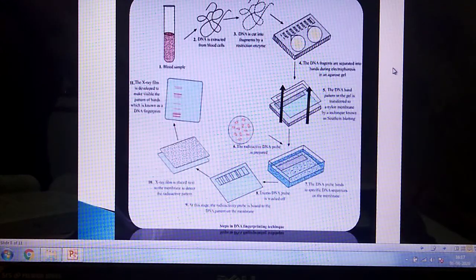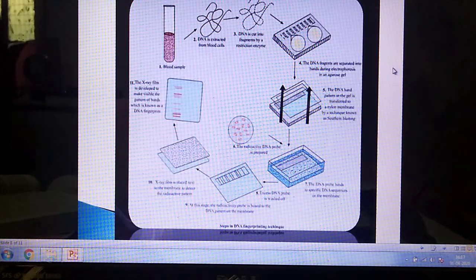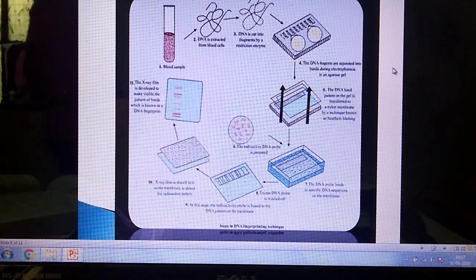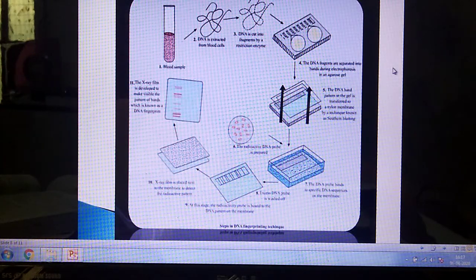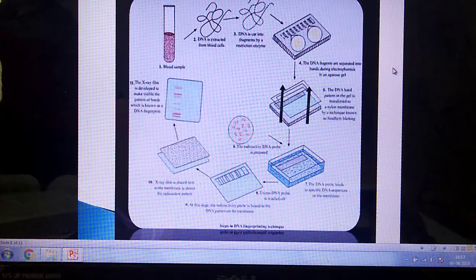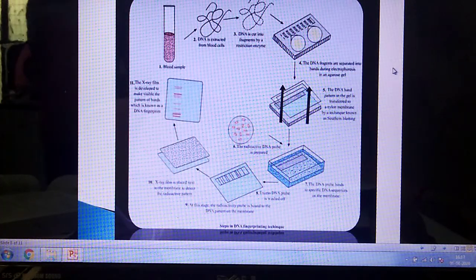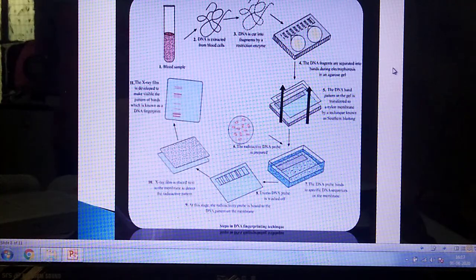Now the entire technique is summarized in the picture. A blood sample is collected. Now it is cut with the help of the restriction endonuclease enzyme. Then it is gel electrophoresed. After gel electrophoresis, it is transferred for Southern blotting.